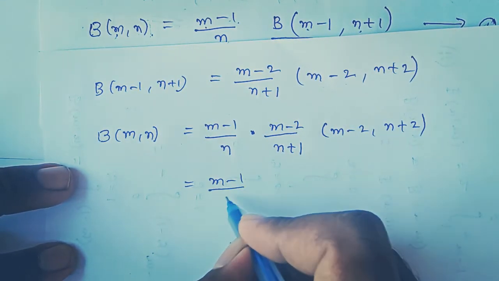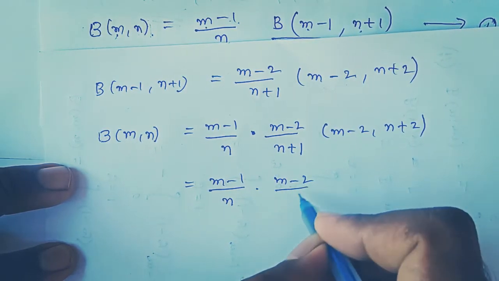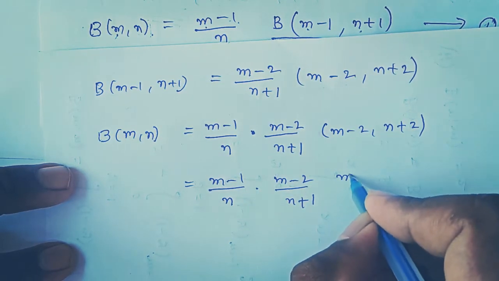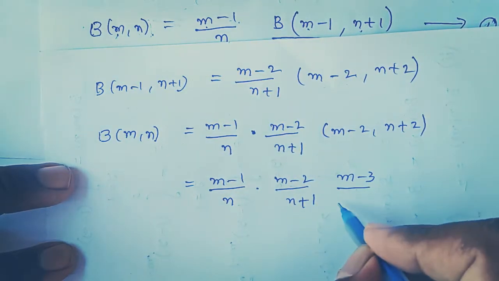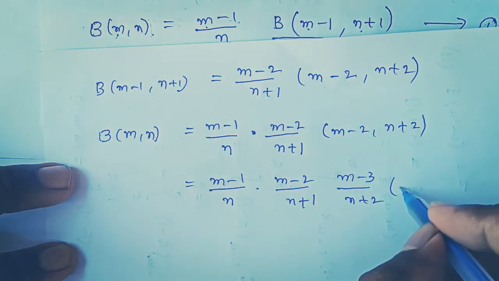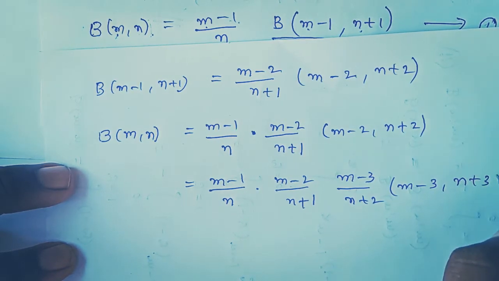We continue this expression in this way: (m-1), (m-2), (m-3) over n, (n+1), (n+2), with B of (m-3, n+3).